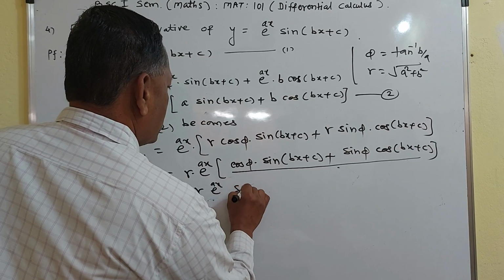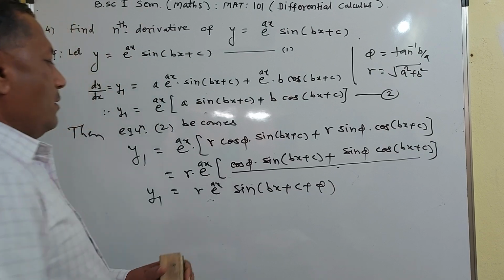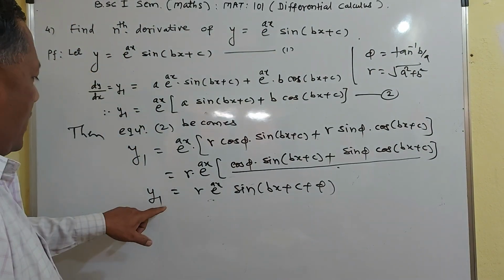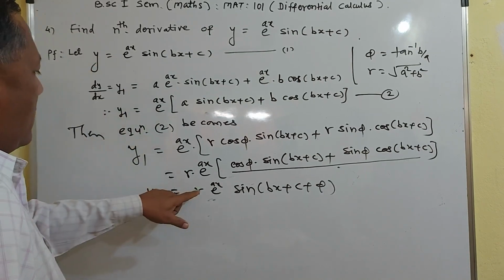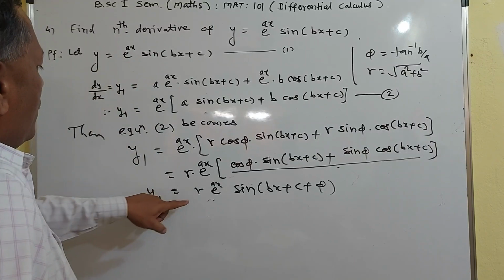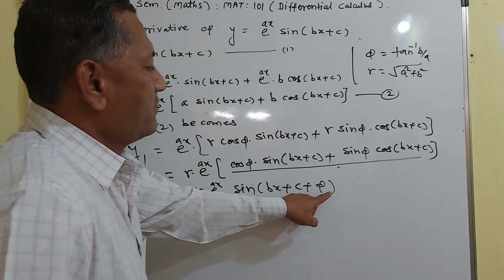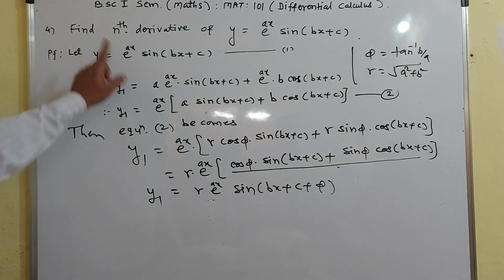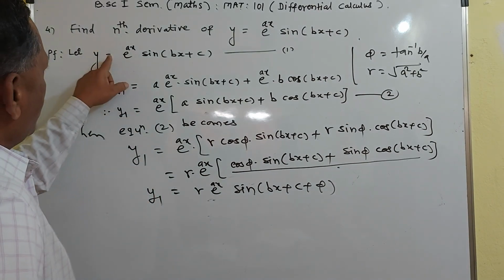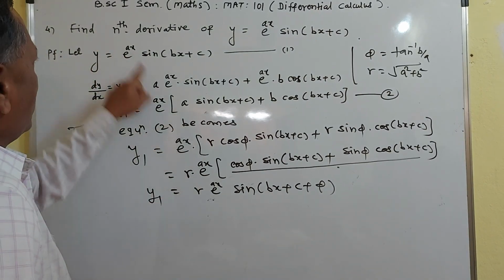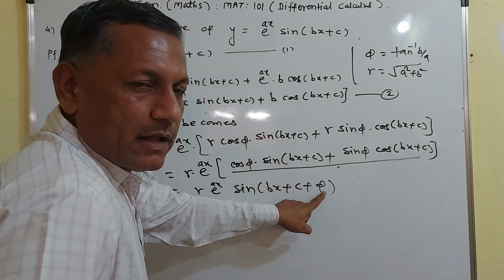So y1 arises from y by multiplying by r and increasing the term bx plus c by phi.